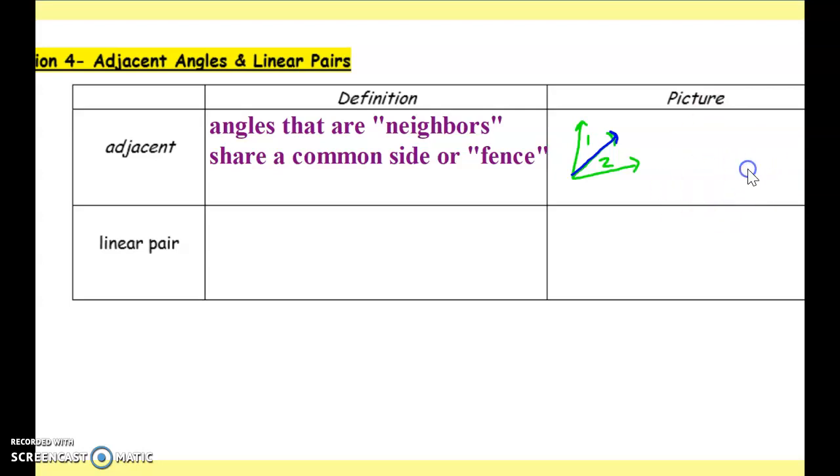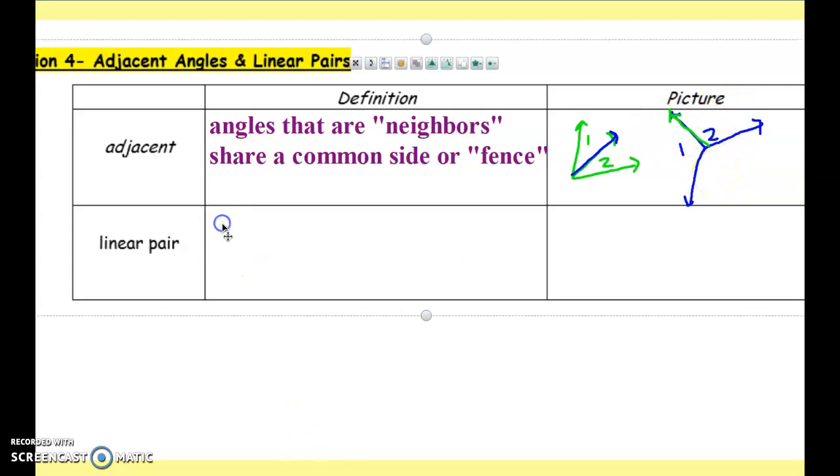To give you a completely different example, besides just switching the orientation, we could have two very large angles. But again, they're next to each other and they share this common side or fence. Angle 1 shares the right-hand side with it. Angle 2 shares the left-hand side with it.